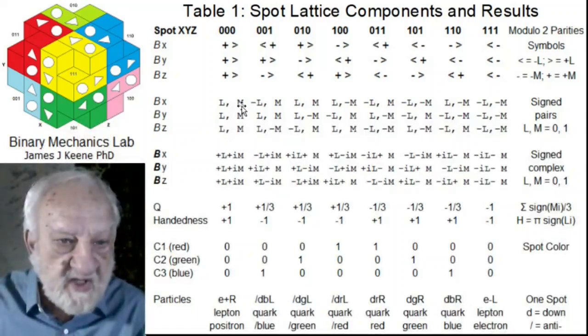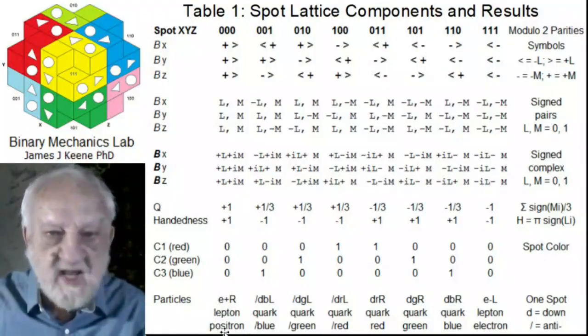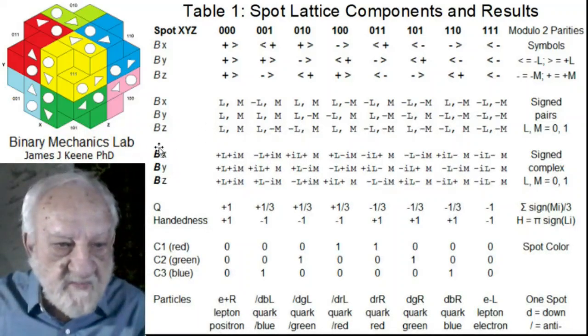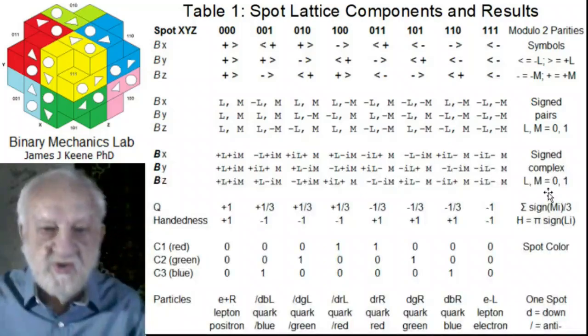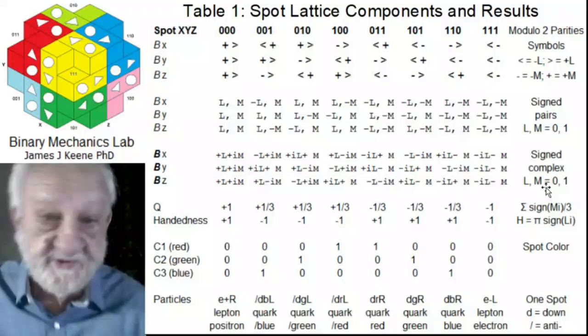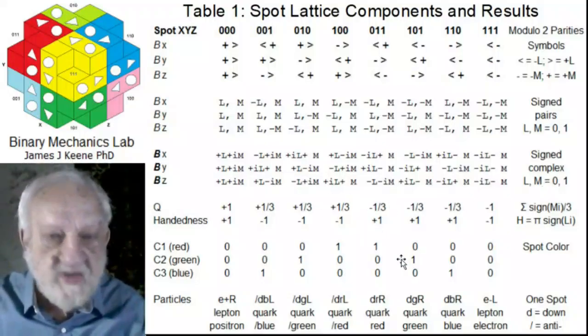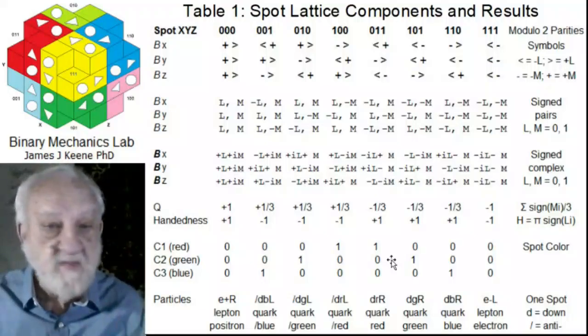If all 3 M's are positive, we have the right-handed electron known as the positron in the lepton category. Here for reference is the signed complex version of what we showed above, just for you guys that love complex numbers.